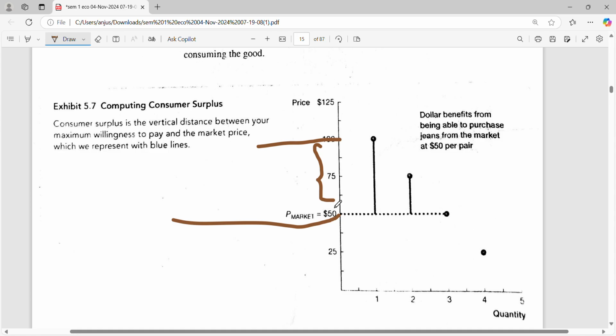Okay. So here the consumer surplus is $50 and here the consumer surplus is $25, 75 minus 50.